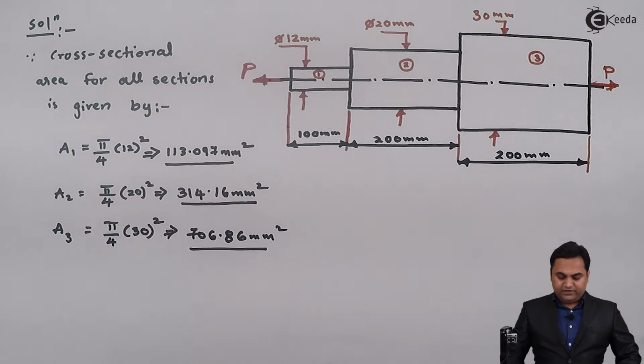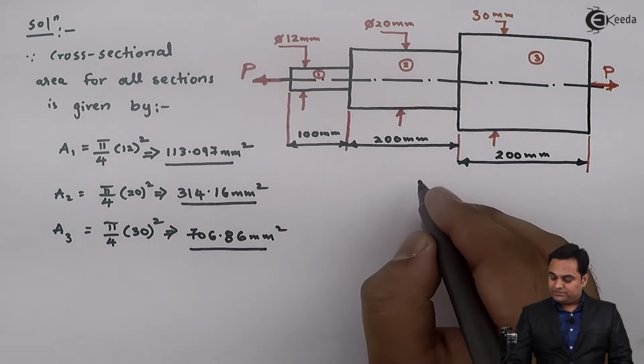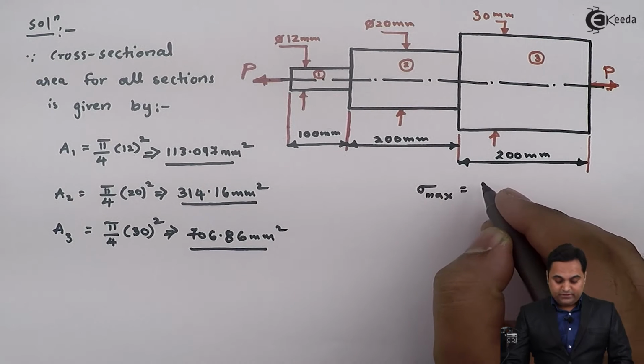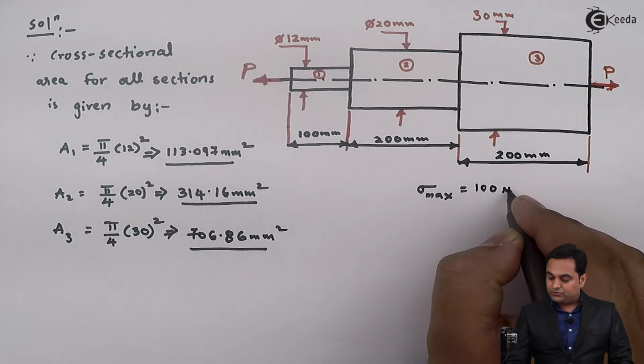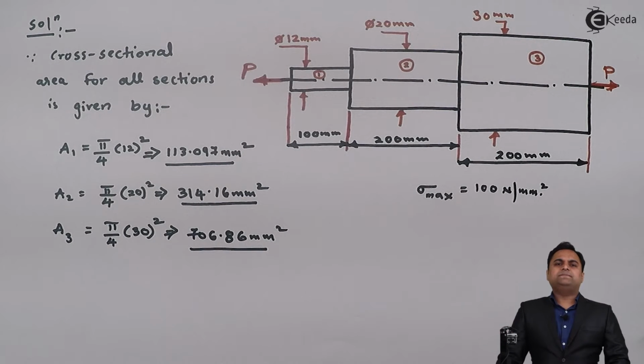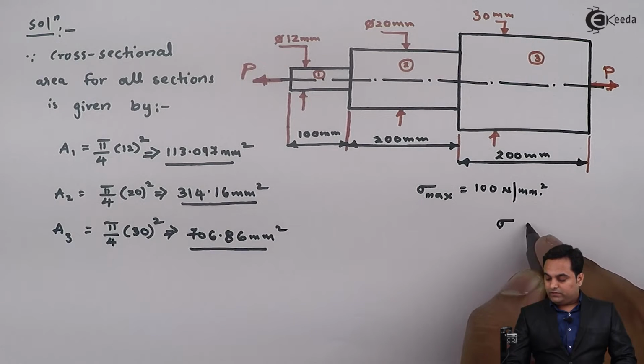Next, after getting these areas, the first question is we have to find out the maximum axial pull, and in this problem they have given the value of maximum stress. Maximum stress in this problem is given as 100 Newton per mm square. Now, this maximum stress will be acting at a region where the area is minimum, because stress is inversely proportional to area.